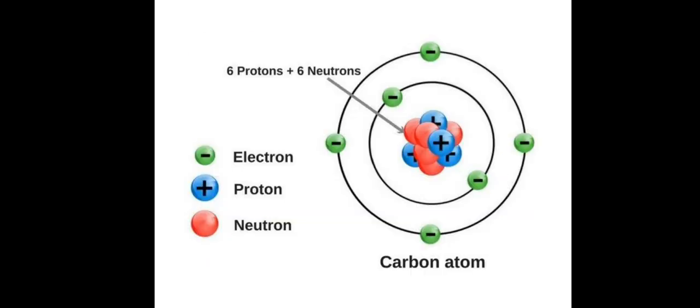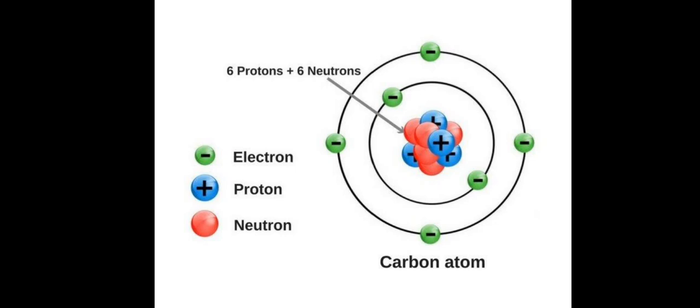Let's move to another structure here, where we have the different types of balls. We have number 1, which is green, representing the electrons. The one which is blue represents the protons, and the red one represents the neutrons. So we had said electrons are negatively charged, and the protons are positively charged.